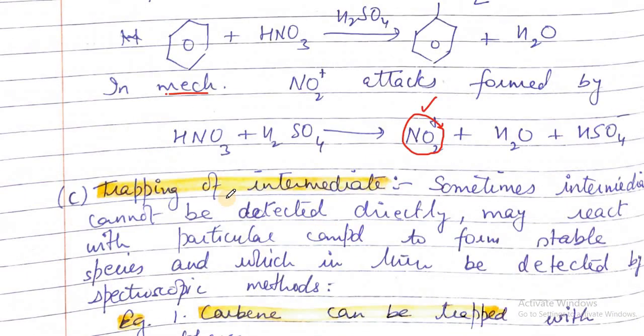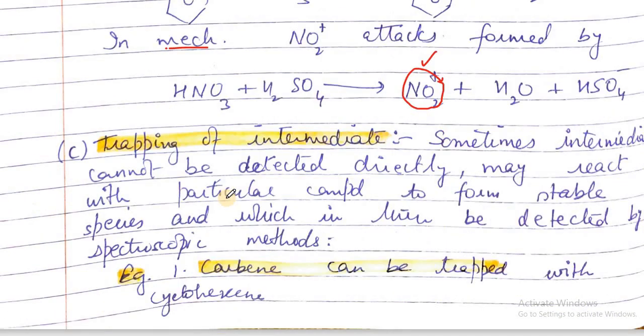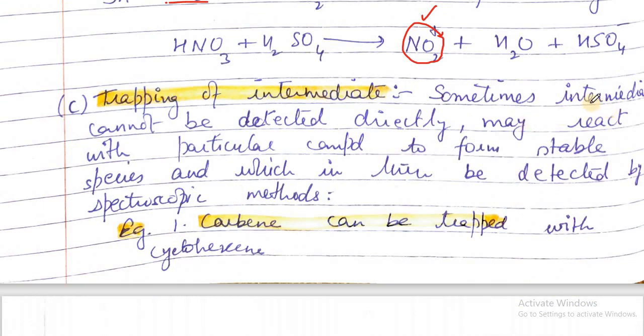So third is trapping of intermediate. In some cases, intermediates cannot be isolated and they cannot be detected too, but they can be trapped with a particular compound, and that is called trapping. For example, carbenes.